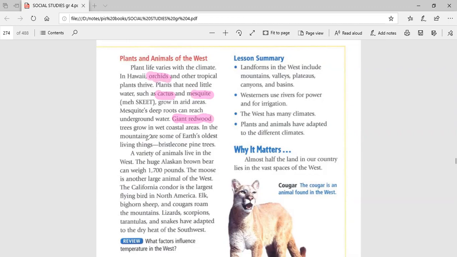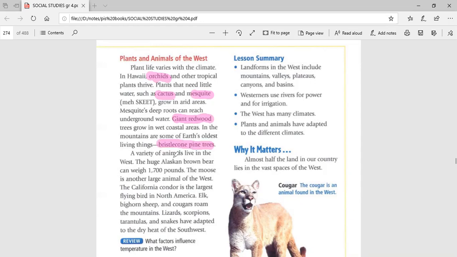We have also another kind of tree, which is called the Bristlecone pine tree. So the most famous plants that grow in the West are orchids, cactus, mesquites, giant redwood trees, and Bristlecone pine trees. Okay, one, two, three, four, five, five kinds of plants.